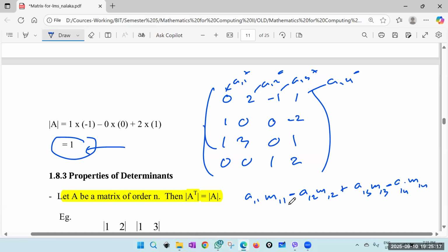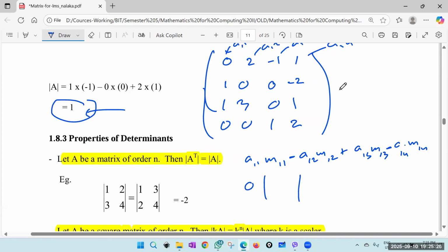Now separately you need to calculate M11. M11 is when you, now A11 is 0. M11 is another matrix because you shade these two, then 0, 0, minus 2, 3, 0, minus 2, so 3, 0, 1.